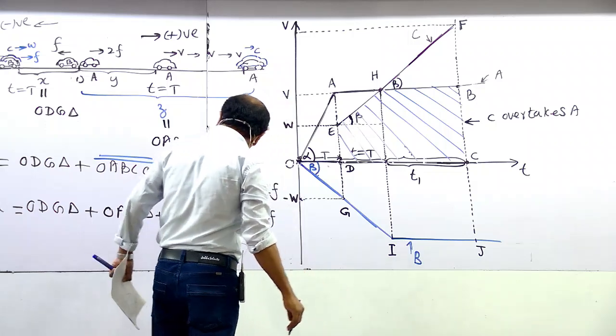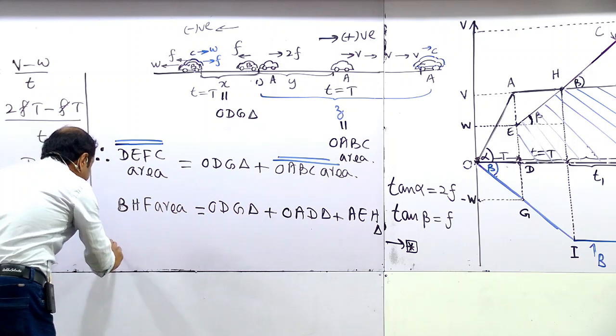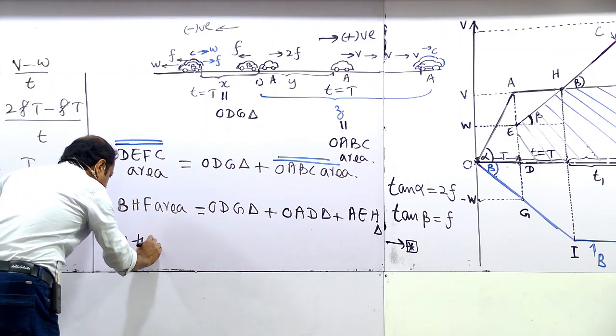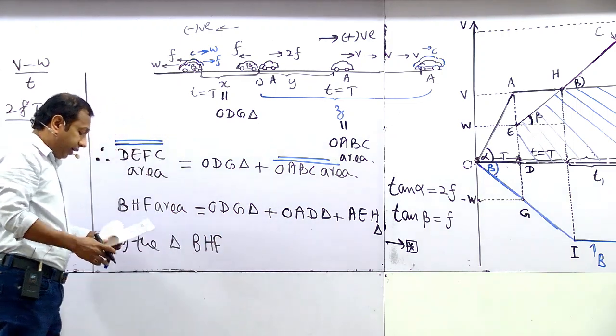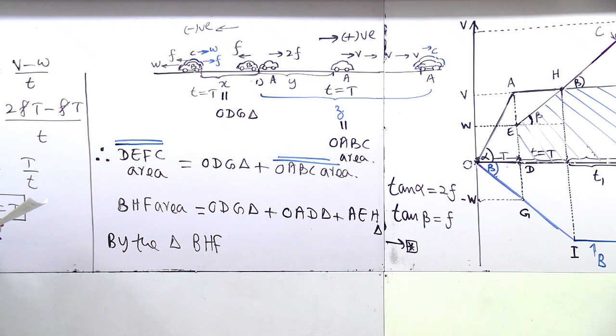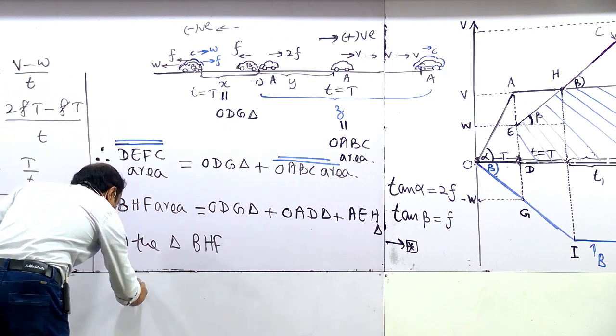Write down. By the triangle BHF, apply the tan beta ratio. What's tan beta?